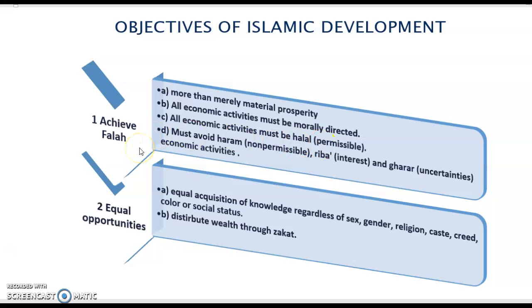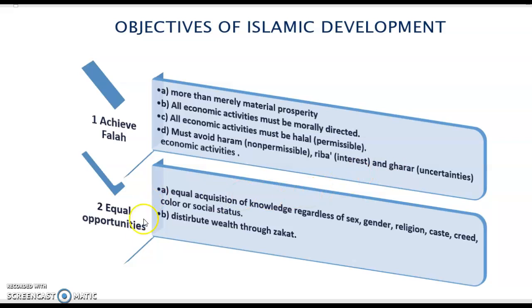When we say achieve falah, it is more than merely material prosperity, whereby all economic activity must be morally directed. It must be halal or permissible, and we must totally avoid haram or non-permissible activities, riba or interest, or gharar or uncertainty in any economic activities.